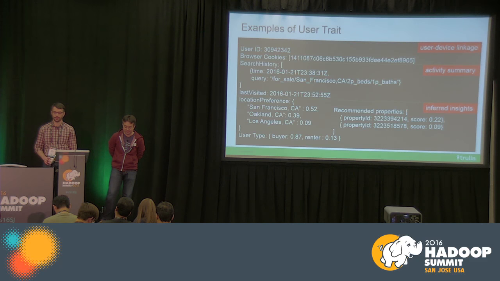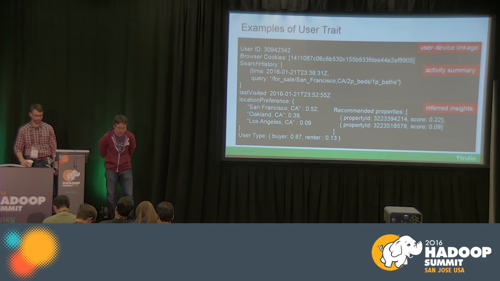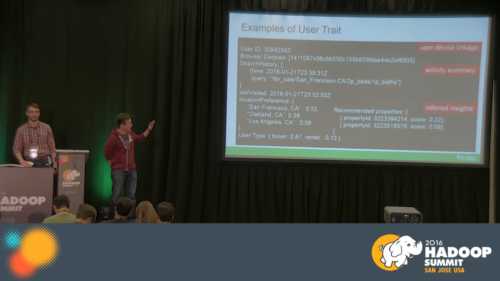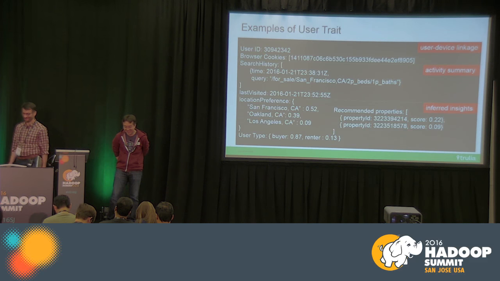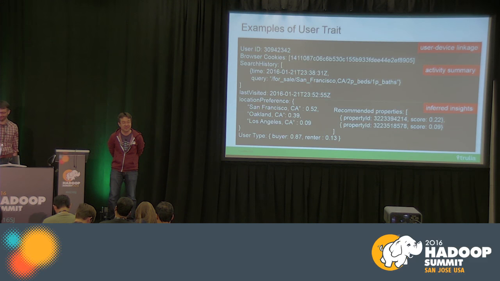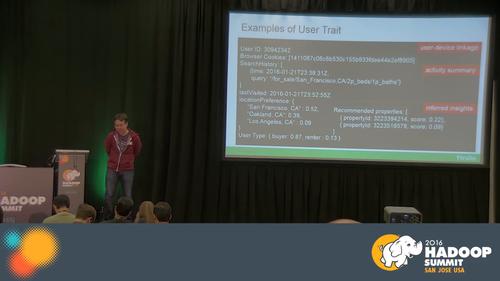Yes. So again, this user trait data model is a simple subset because I could not fit everything in here. There are some user traits whose text size is more than 100 megabytes sometimes. Different user types, more than buyer and renter: yeah, absolutely.